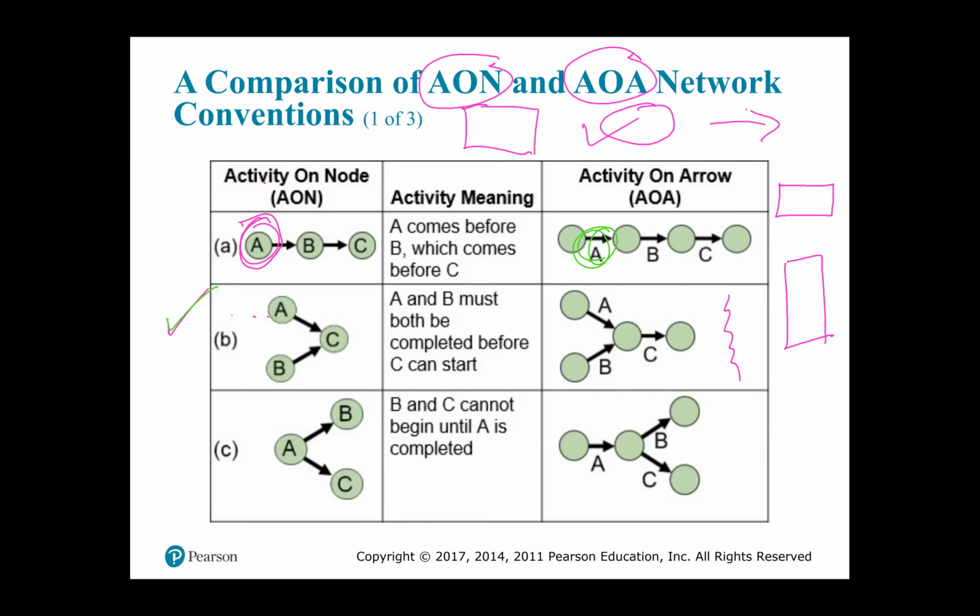So our focus will usually be with the activity on node methodology of drawing the network, rather than the activity on arrow. And I'm saying this because I know sometimes as students, you go to YouTube and other places, and they may be using activity on arrow, and you come away more confused than not.